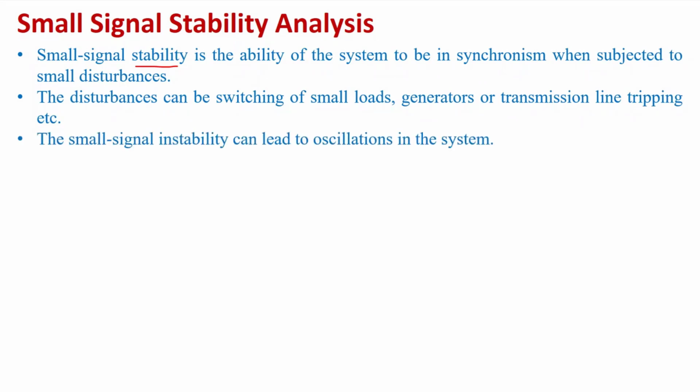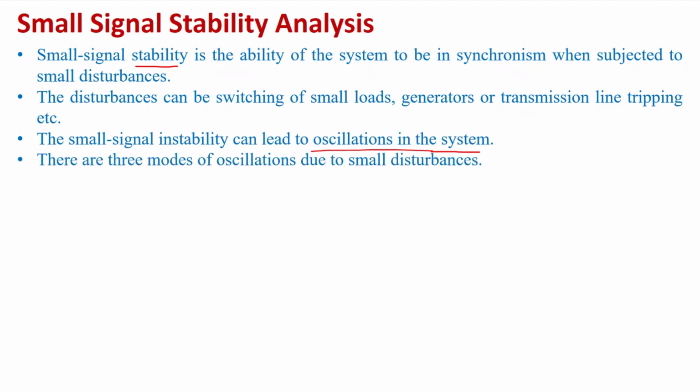Small signal instability can lead to oscillations in the system, and sometimes the system becomes unstable because of sustained oscillation. If we do not put in a proper damping arrangement, a damping controller, then small signal disturbances can also lead to instability, and it is oscillatory in nature.